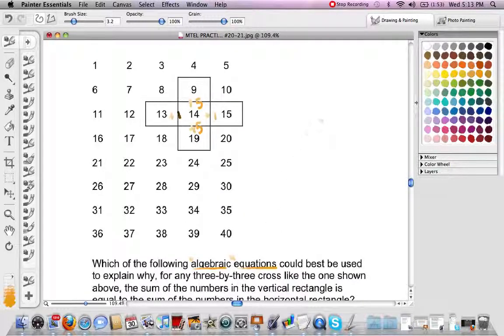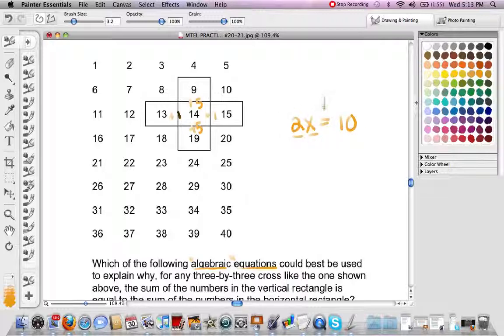Equation. Well, a lot of times we see equations used in a lot of problems, and it's important to know what an equation is, especially an algebraic equation. An algebraic equation is when I'm using a combination of constants and variables in a problem.